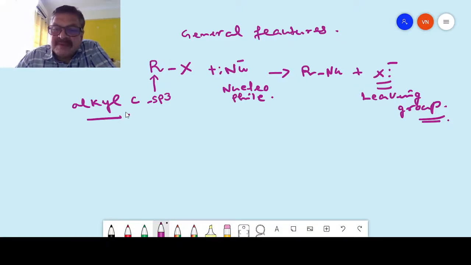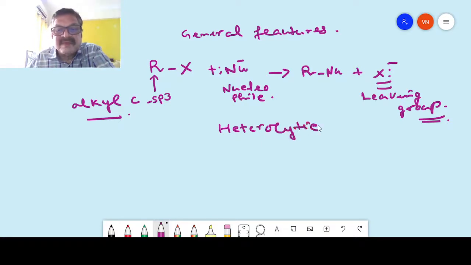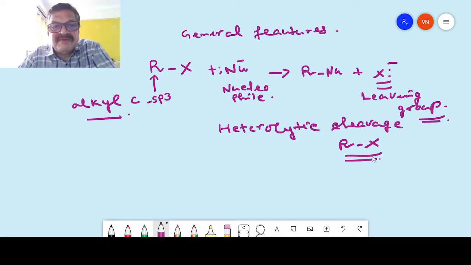What is happening here with the leaving group? There is a heterolytic cleavage, that is, the R-X bond is heterolytically cleaved. When the heterolytic cleavage is taking place, the electrons in the R-X bond are unequally divided.